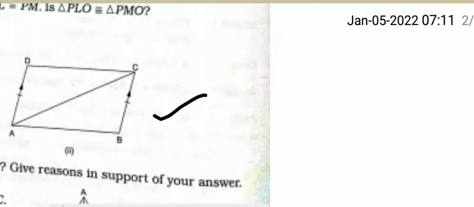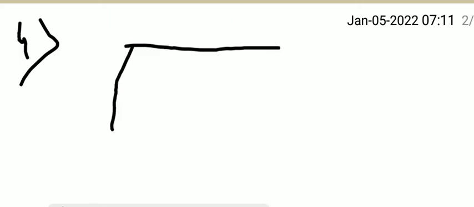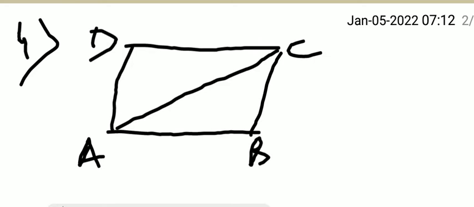Now I am going to show how you will do this. This is the figure you have to draw first, and give the name ABCD.